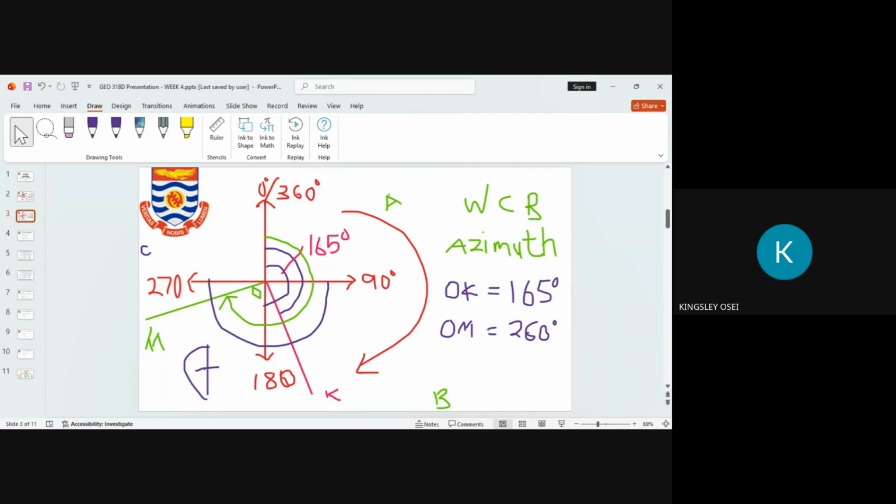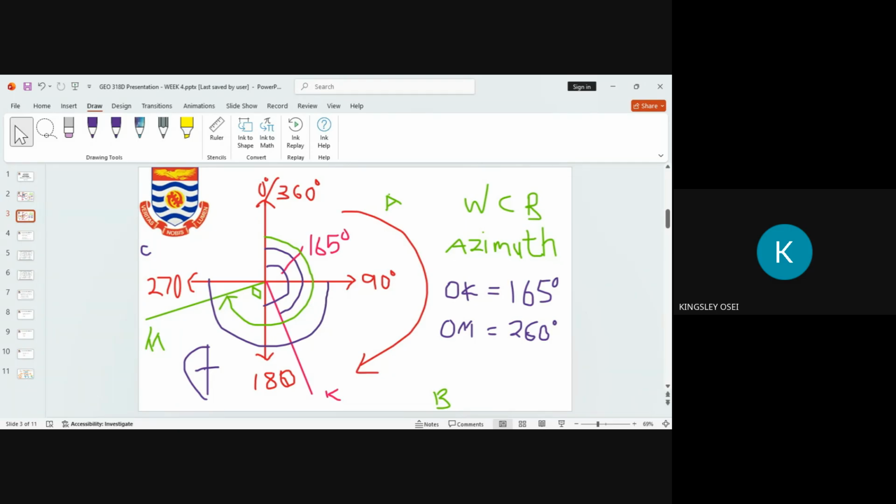So now we are changing over from the whole circle bearing to the reduced or quadrantal bearing. Then we will look at how we move from one of the systems to the other and back. Very important. We are doing this because in surveying and in angular measurement, you may apply both systems.